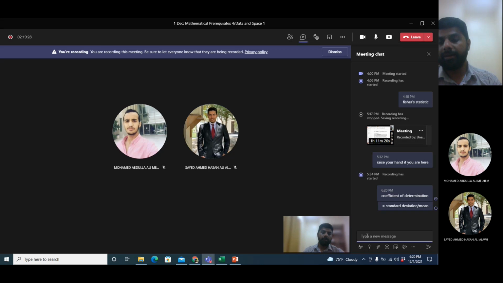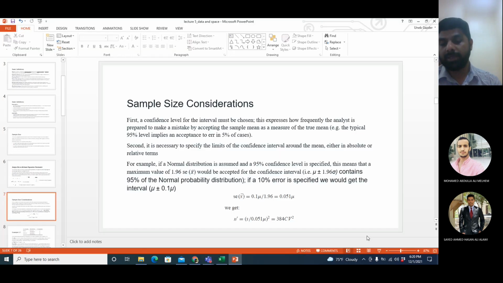Standard deviation upon mean or coefficient of variation, it means the same thing. Then obviously you have the bracket which is square, so that's why you see CV square. So in this particular case, the number of samples will be equal to 384 into CV square, where CV means standard deviation upon mean.